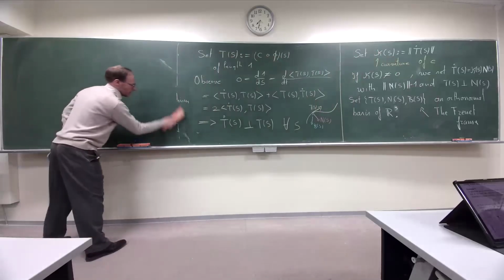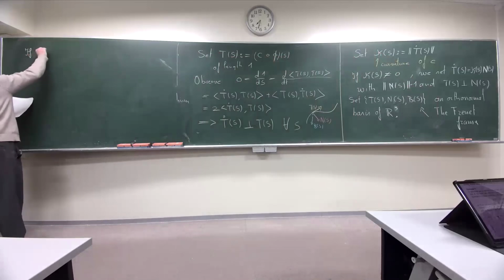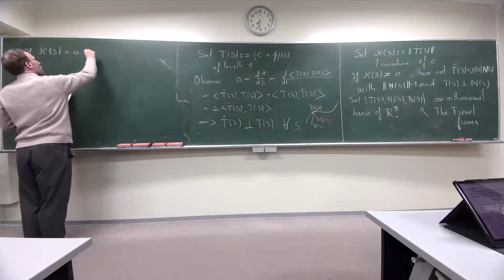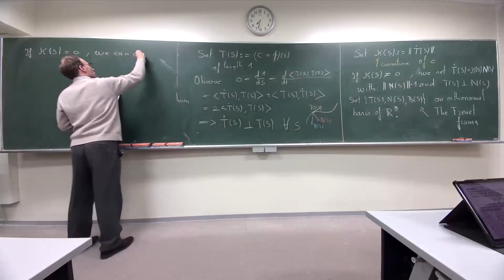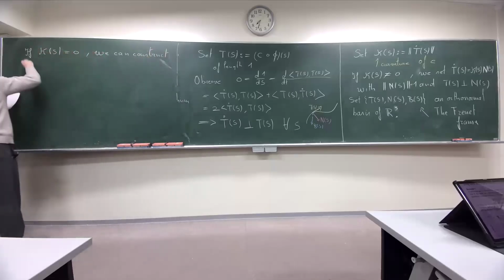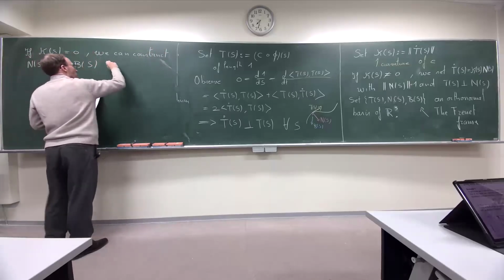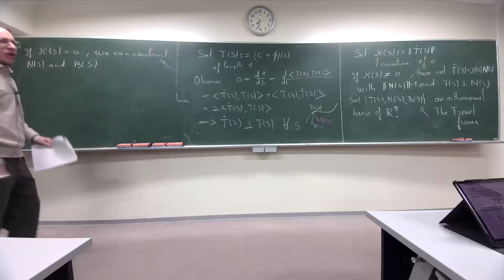That's it. It's a remark: if kappa of S is 0, we can construct N of S and the third one B of S, I would say artificially, but this is not a good word, or by hand.